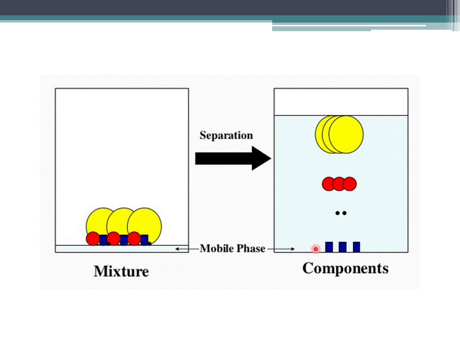So, maksudnya kat sini, bila mixture yang kurang soluble dan mudah absorb oleh stationary phase akan separate dahulu. So, yang lebih soluble dalam mobile phase, dalam eluent tu dan kurang absorb oleh stationary phase, dia akan lalu lebih laju.